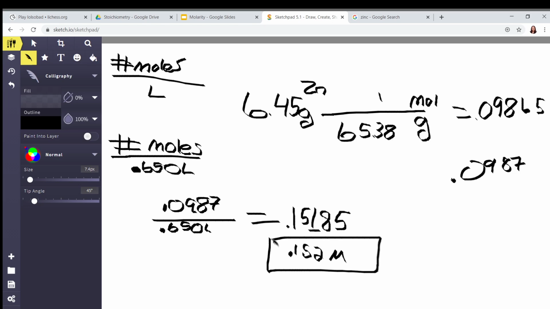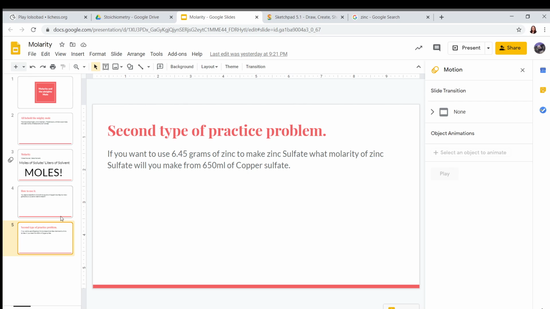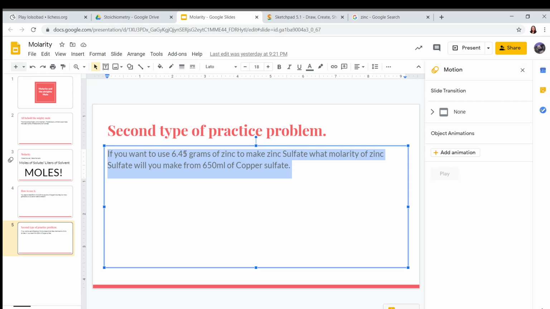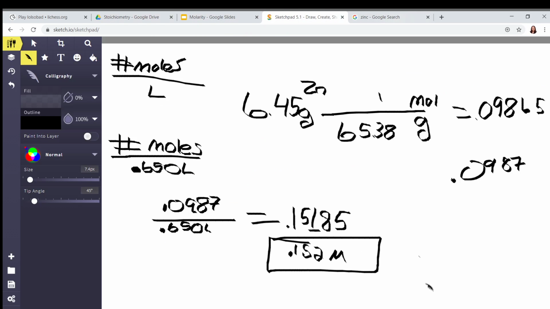Okay? And that's going to be it. Oh, and then we should, of course, include the fact that it's zinc. And I think that we end up getting zinc sulfate out of it.